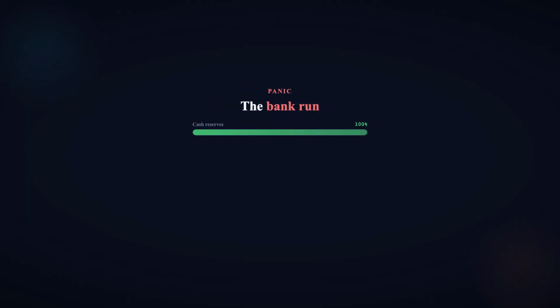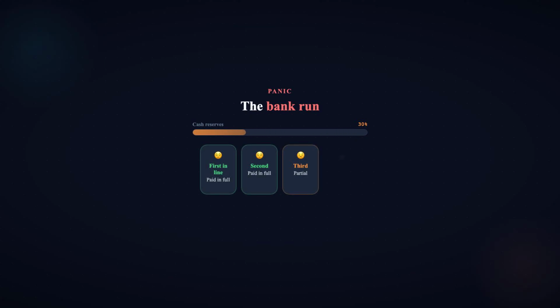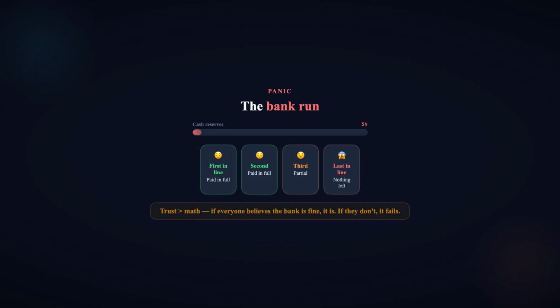A bank run is credit risk in its most dramatic form. The bank owes money to thousands of depositors. Simultaneously, its assets, the loans it made, are worth less than expected. There is a gap between what the bank owes and what it can collect. If depositors withdraw in an orderly way, one at a time over weeks, the bank might manage.